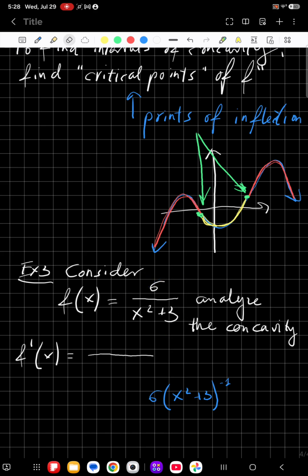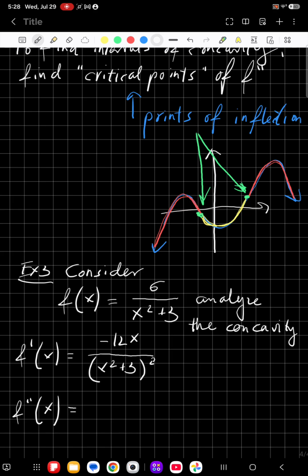Anyway, what I got for the first derivative is negative 12x over x squared plus 3, squared. That's the first derivative. The second derivative, again, you should try to do on your own, again with the quotient rule.